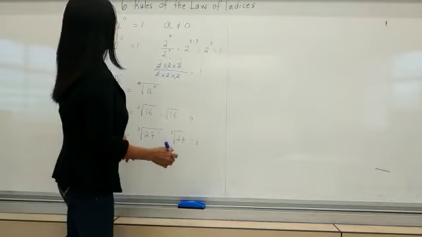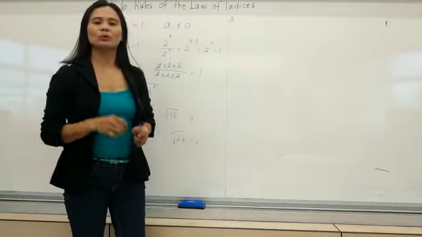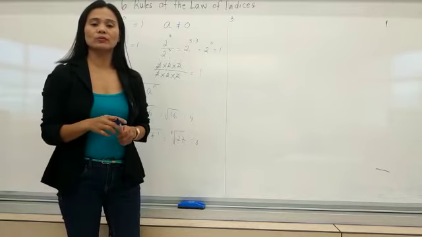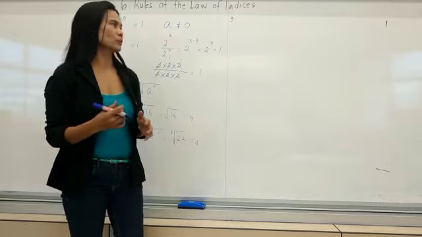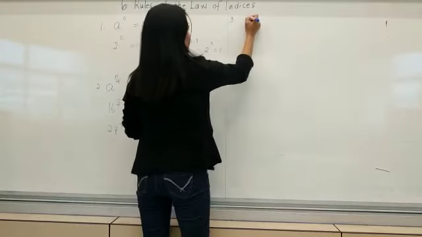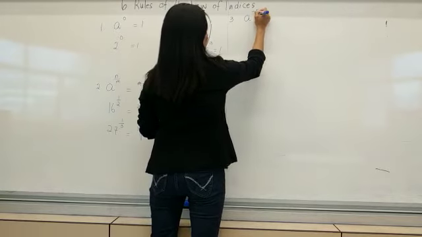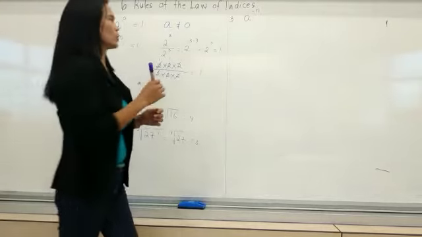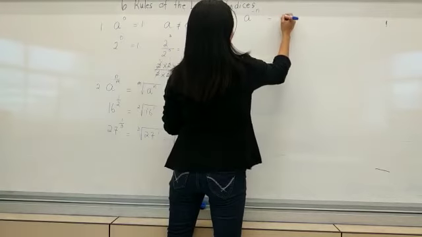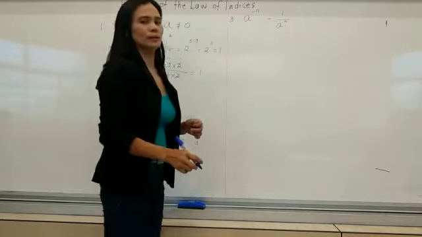Okay, let's move on to number 3. The third rule of the law of indices, we have the negative exponent. So we have a to the power of negative n. This is the same way as writing 1 over a to the power of n.